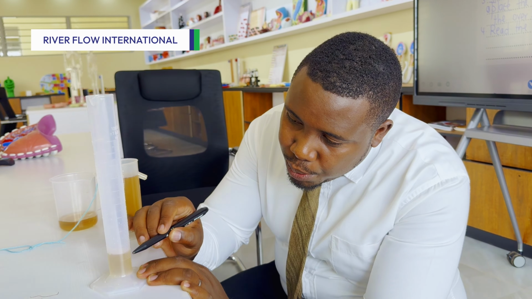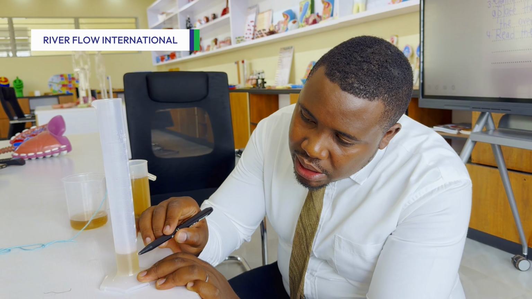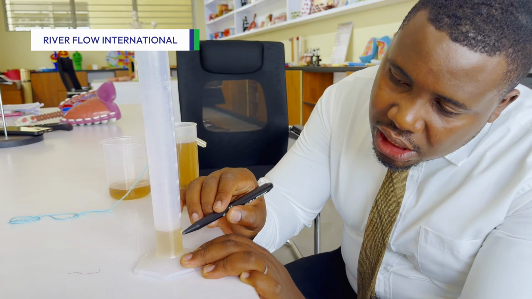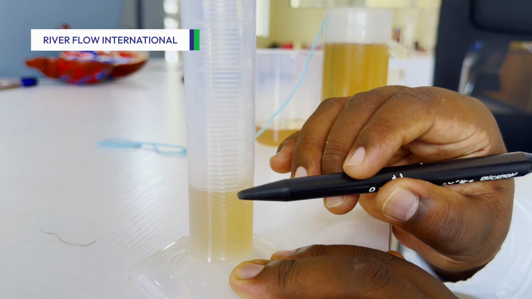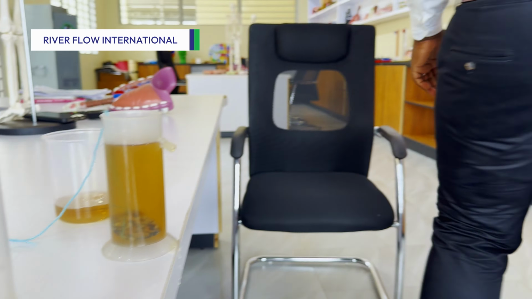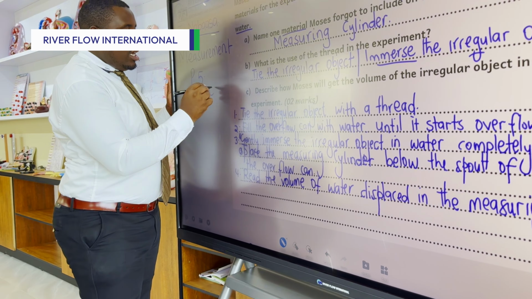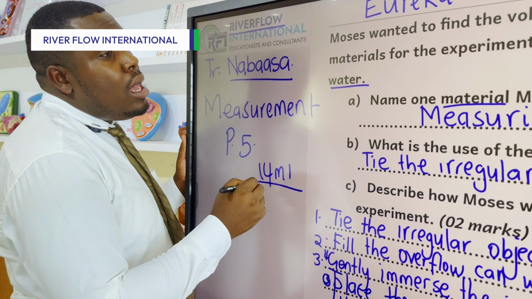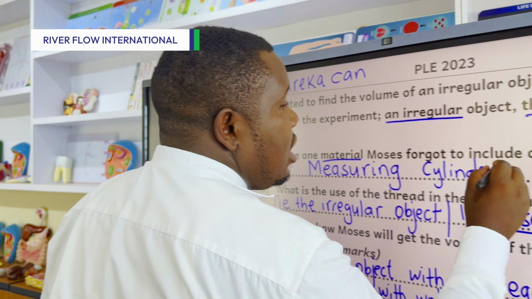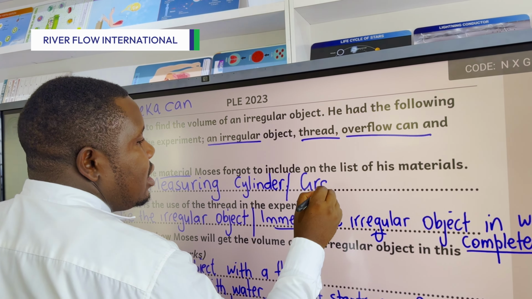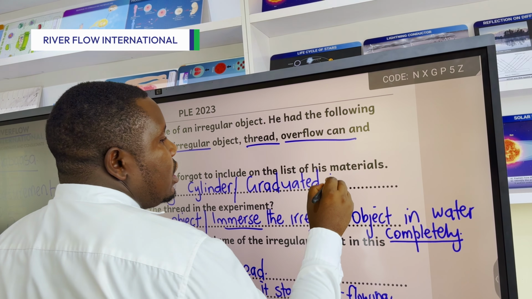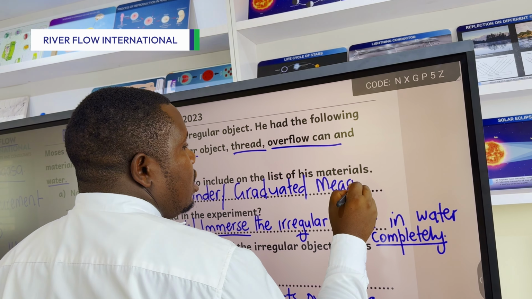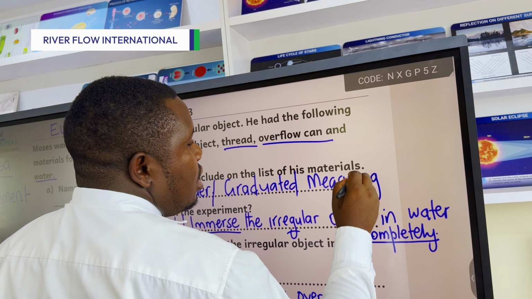For example, according to mine, this water displaced, you can see on the scale, this is graduated. So I have 10, 11, 12, 13, 14. So I will say that it is 14 mils. Which means that even here we could have said that Moses forgot a graduated measuring cylinder.